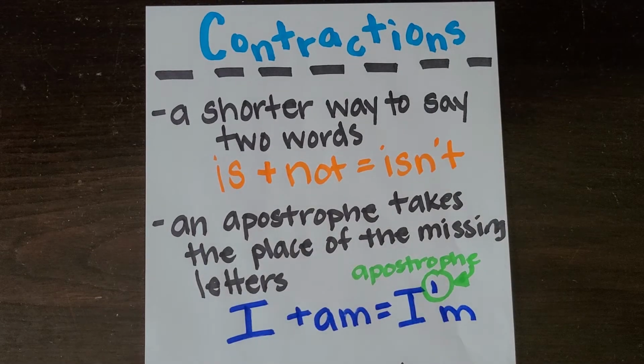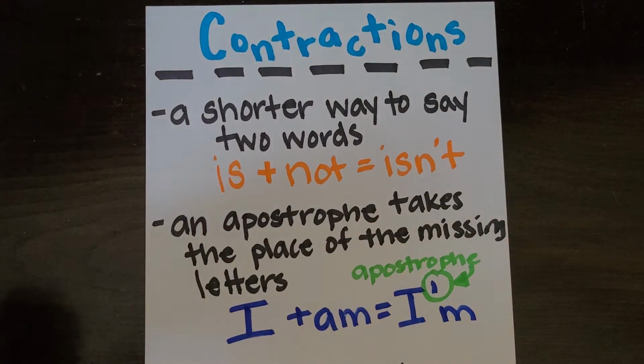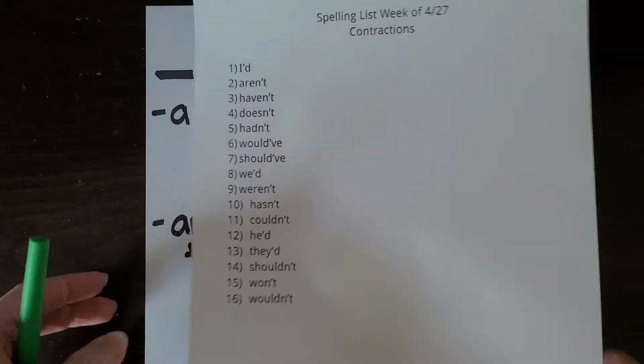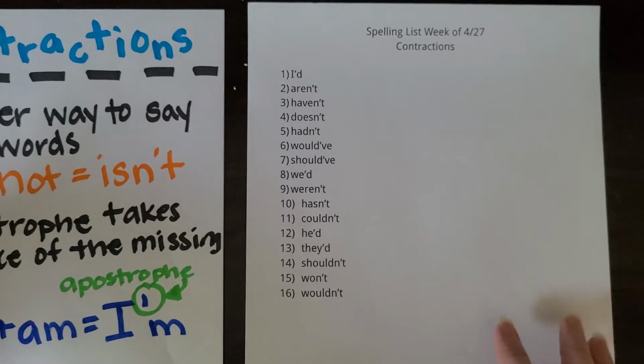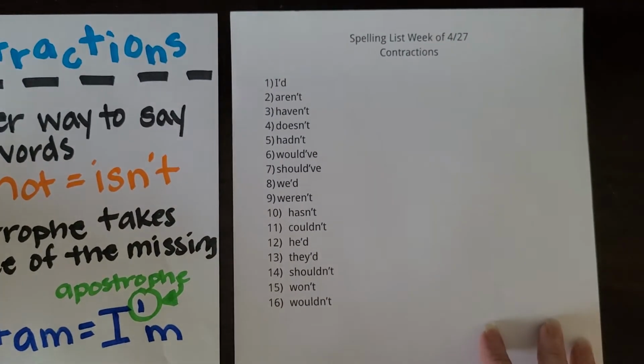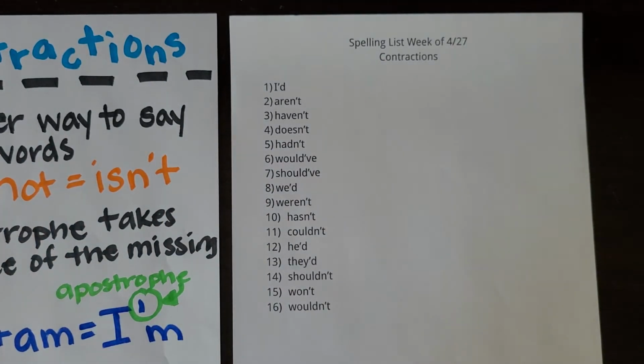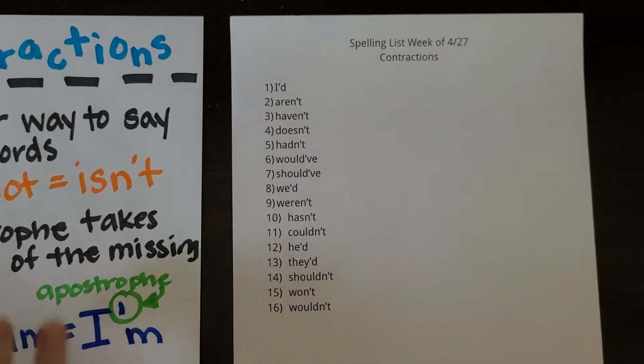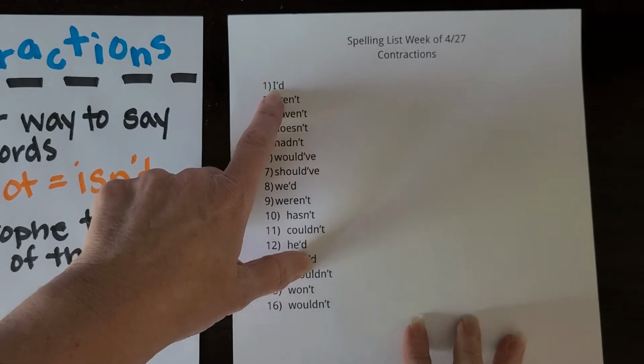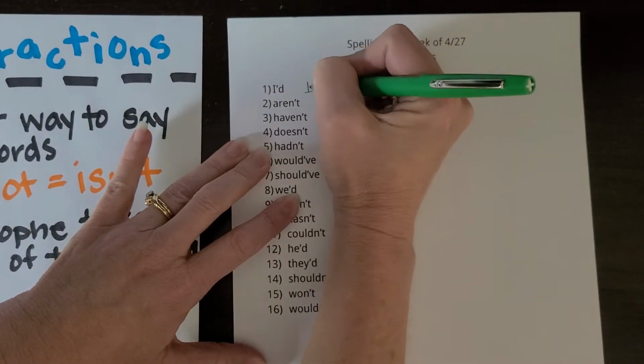So I'm going to pull over our spelling list for the week, and we're going to go over each one of these words, what the missing words are and what the missing letters are. The first one is I apostrophe D. That would be I would.